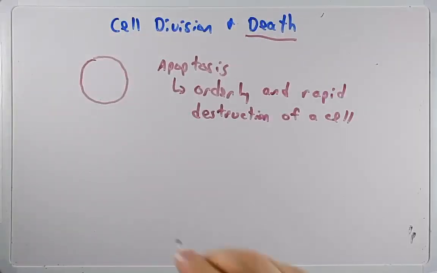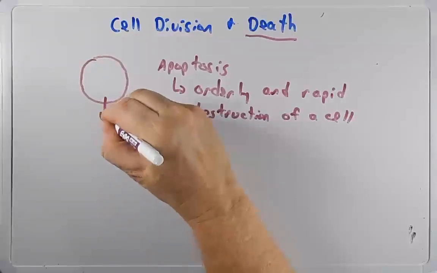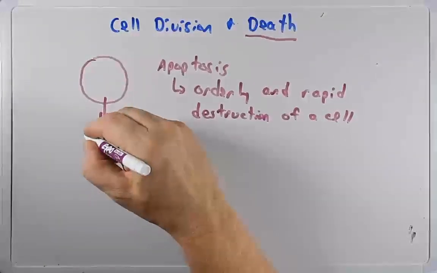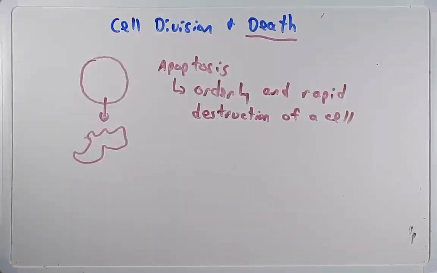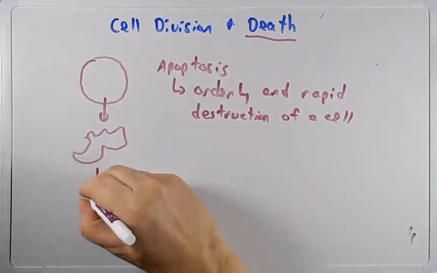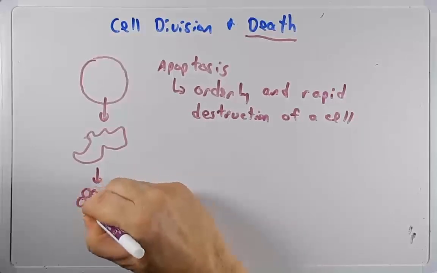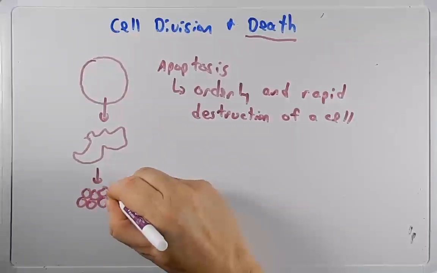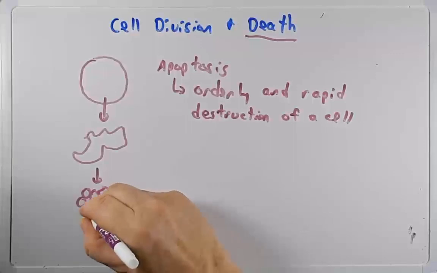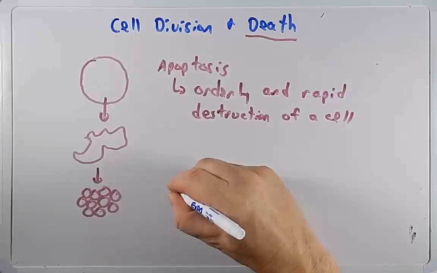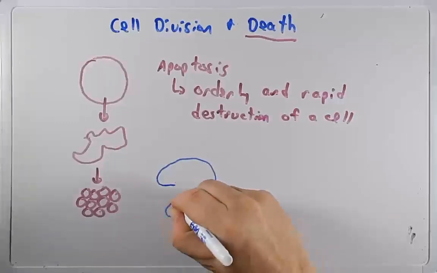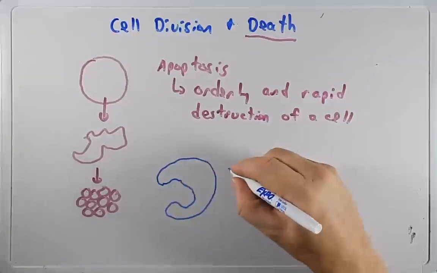Essentially what happens, and I won't go into great detail, but you should know that this cell here will begin this apoptotic pathway by deforming. It will then begin to kind of chop itself up into these bags of the leftover cell. Then what happens is our immune system contains these white blood cells called phagocytes.